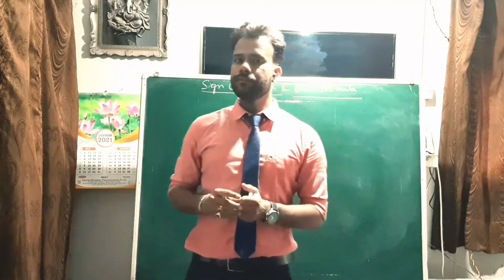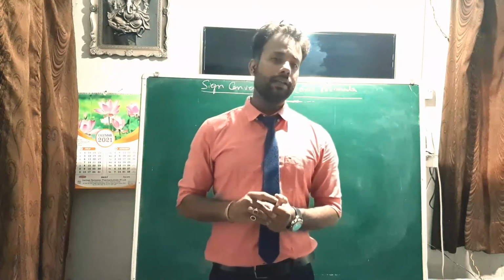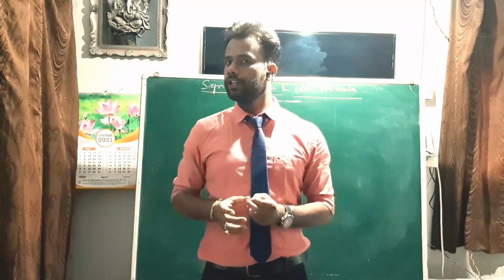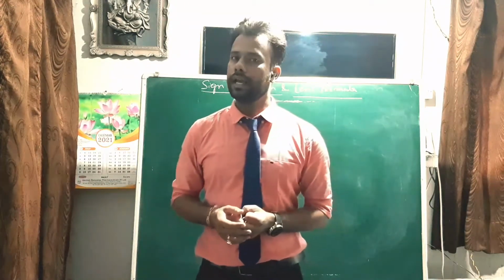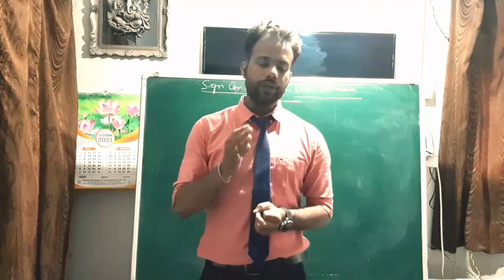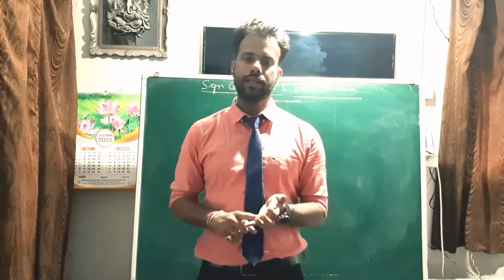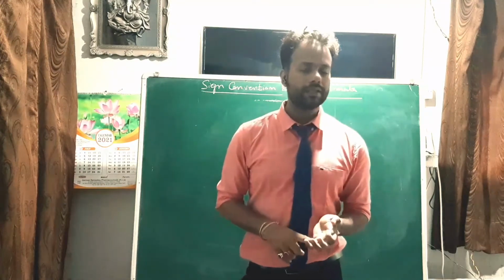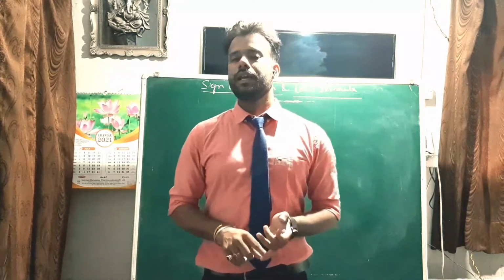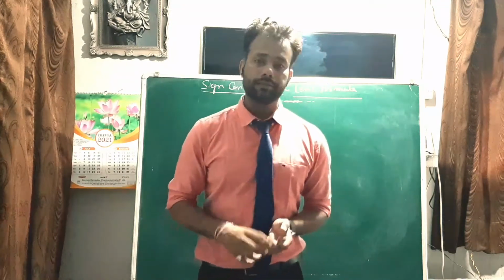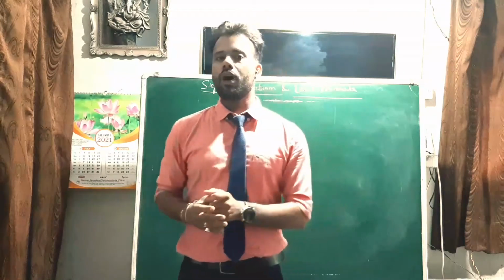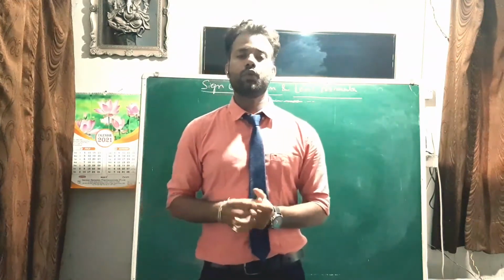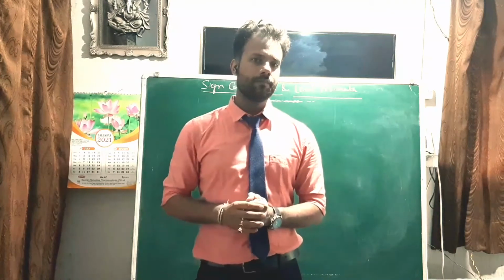Now if you remember, in class 9th there are some sign conventions to measure the values of v, u and f. You already know the meaning: v is the image distance, u is the object distance and f is the focal length. To measure these quantities we use certain rules.